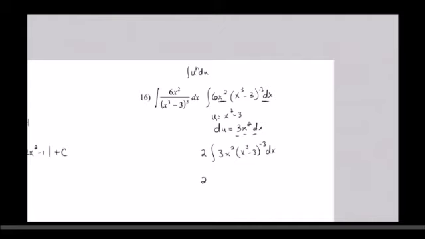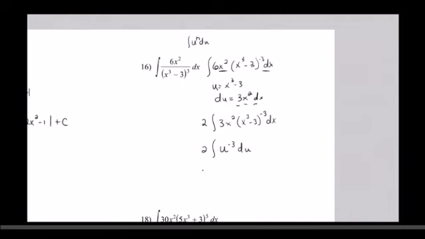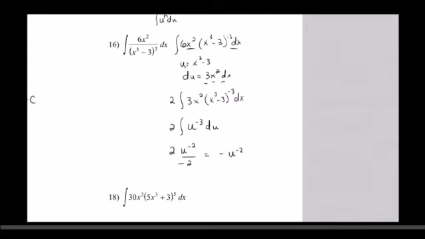So this is 2 times u to the negative third du, and if we apply the general power rule, and then the 2's would cancel, so we'd have negative u to the negative 2, or negative 1 over u squared.